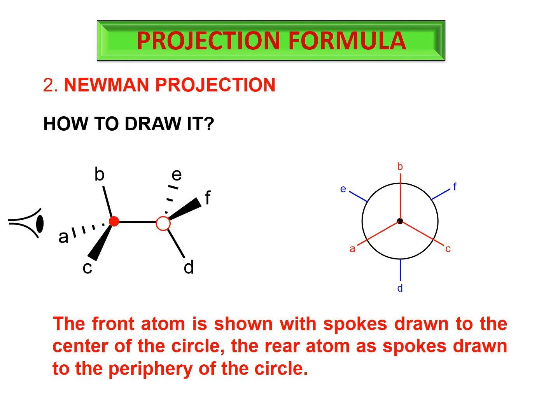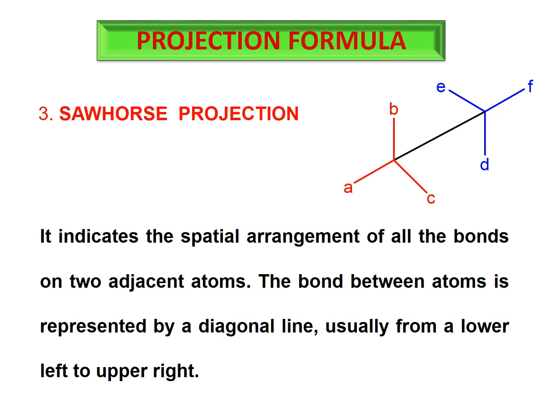The next one is a Sawhorse projection, and it indicates the spatial arrangement of all the bonds on two adjacent atoms. Again, these are two carbon atoms, and the carbon-carbon bond in this case is drawn as a diagonal. So it is represented by a diagonal line, and then you draw the groups attached to each of the carbon atoms so as to have a tetrahedral geometry.